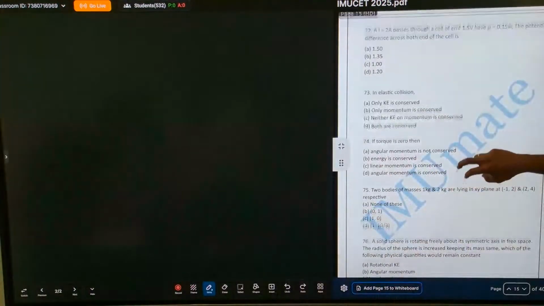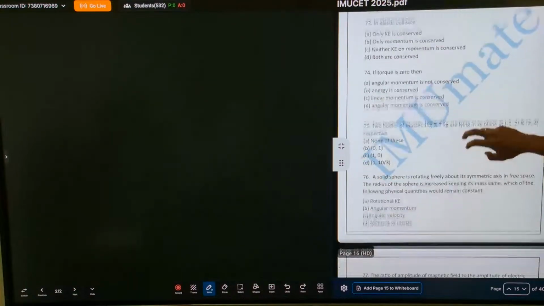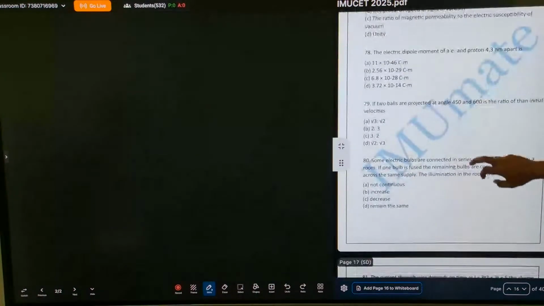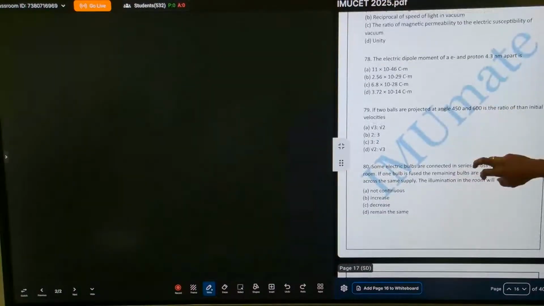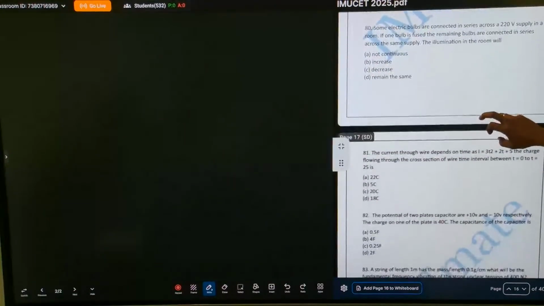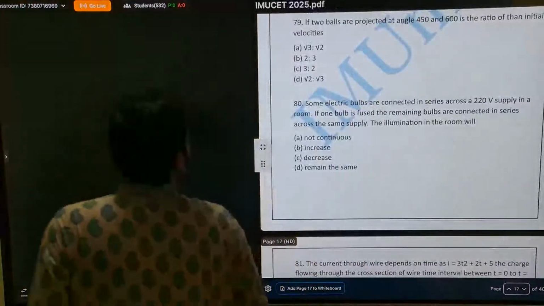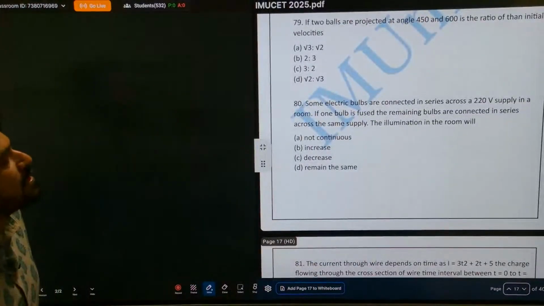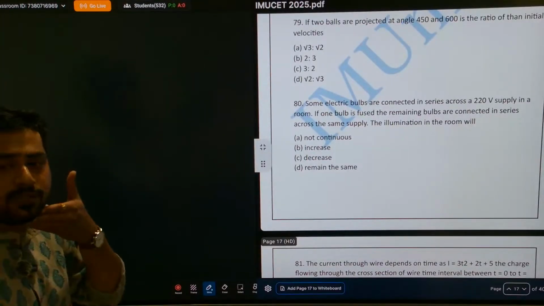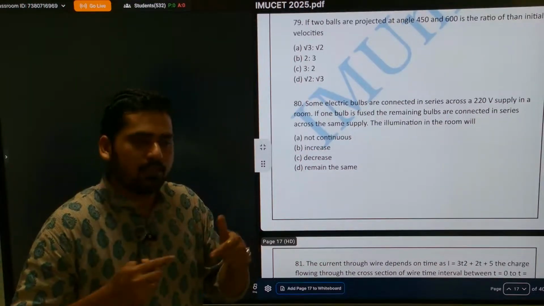Elastic collision, you know. Let me go through this. Both are conserved. Okay, so solid sphere, ratio of amplitude, dipole moment, charge times distance. You know it. Yes, let's say 80. This one. Some electric bulbs are connected in series across 220 volt supply in a room. If one bulb is fused, fuse means? Yes, the terminals are joined.